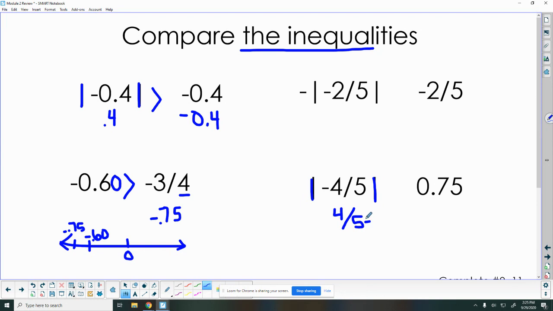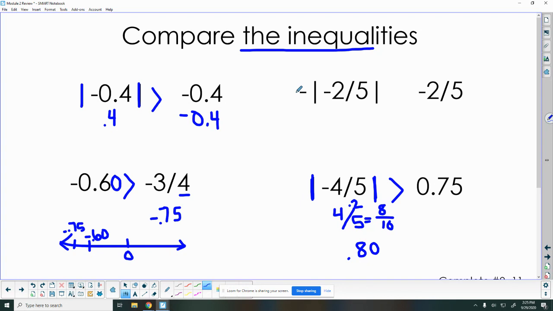So I'm going to turn this into a tenth. 5 to 10 is times 2. 4 times 2 is 8. 8/10 is 0.8, and add that 0 to be able to compare it better. So we've got 80 cents and 75 cents. 80 cents is greater. So even though this was a negative value, it asked for the absolute value, which is the distance.